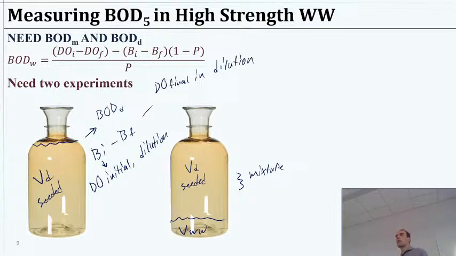Nothing weird happens to this; there's no dilution for the dilution bottle, so the BOD for the dilution water is just the initial minus final. That goes straight back into the equation where we said the BOD for the waste is equal to, right here, the BOD of the mixture, which is what this portion is getting, the DO.